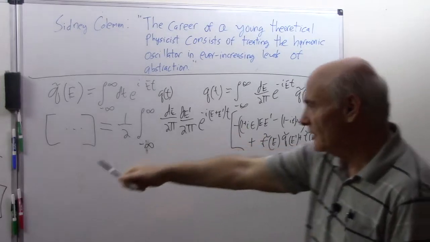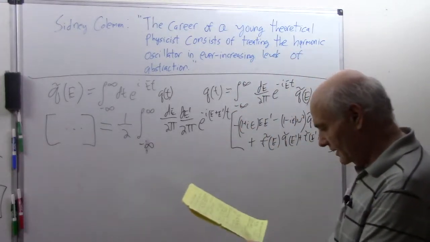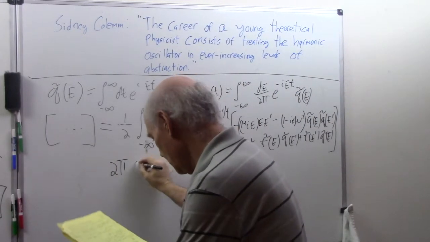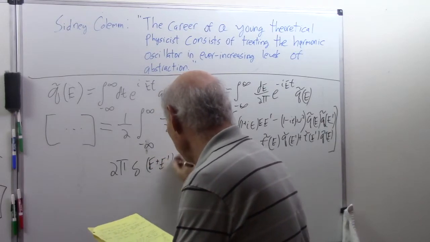When we substitute it into that integral from minus infinity to infinity of dt, we're going to get a 2 pi delta of E plus E prime.